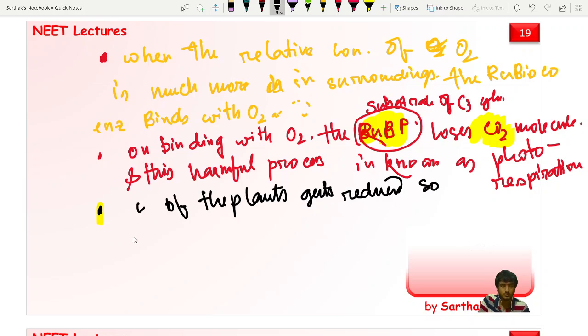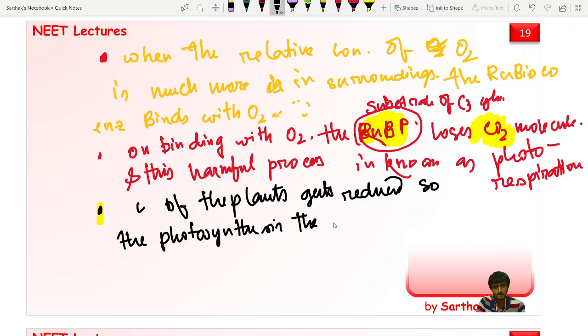so the photosynthesis rate gets reduced in case of C3 plants, because the carbon of the plants is reduced.